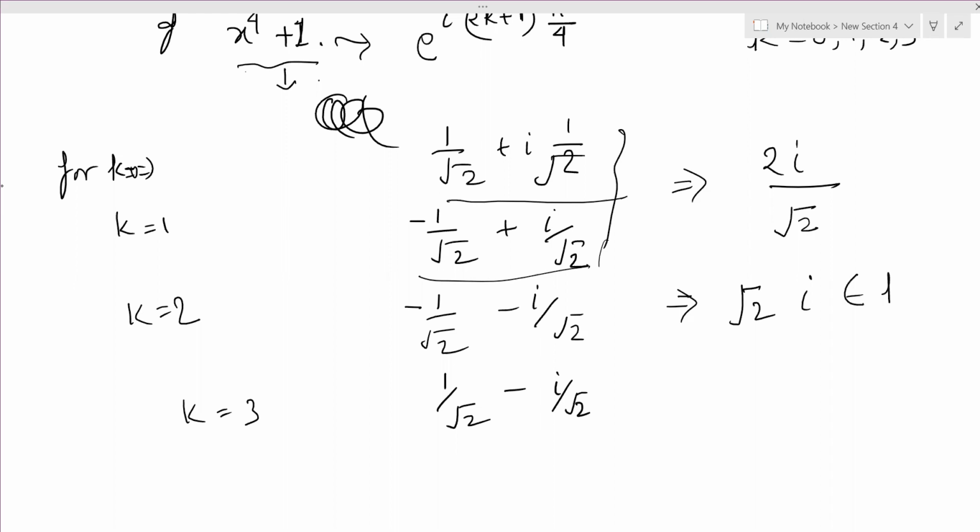Suppose this thing belongs to some field K, then you need to show that this also belongs to K, right? How do you say iota belongs to K?